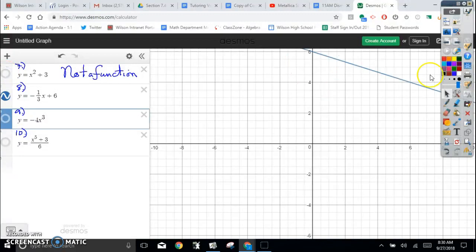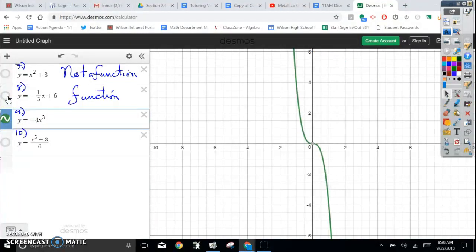You can see this one passes the horizontal line test everywhere. So definitely a function. Right, let's jump to 9. Okay, this is really close. You can see the y values are always changing, so there's no horizontal line that will hit more than once. So this is a function as well.